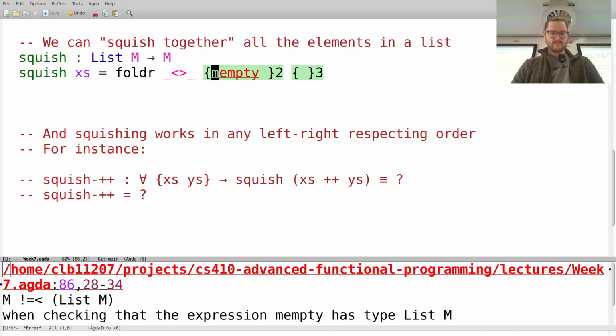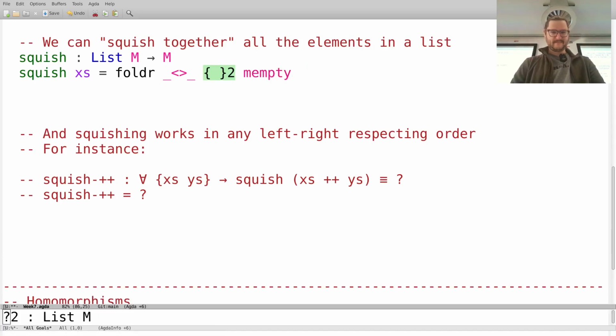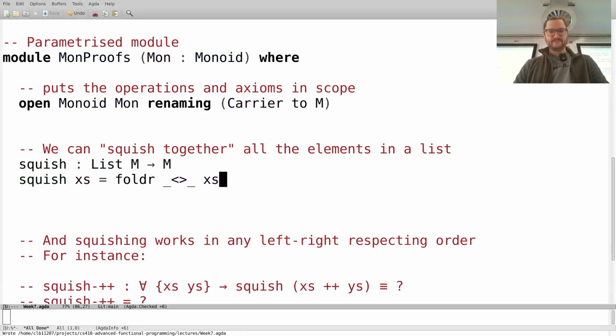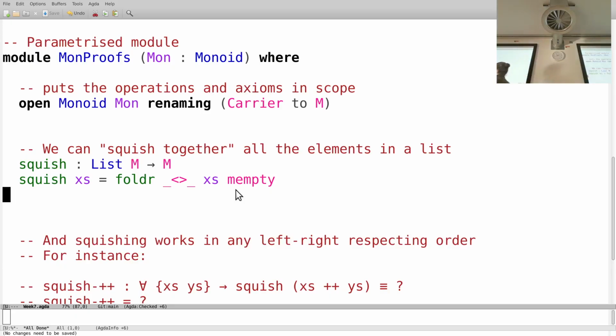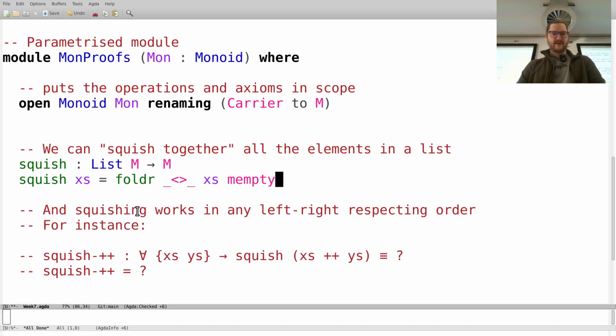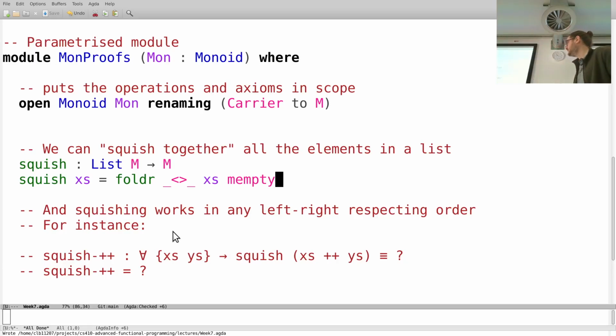So in the base case, we're doing nothing. In the cons case, we're just using append to tack on the x in front of the result of the recursive call. So we can refactor it as this. And then maybe Fred can prove that it's compatible with ++. Yeah, let's see what happens.